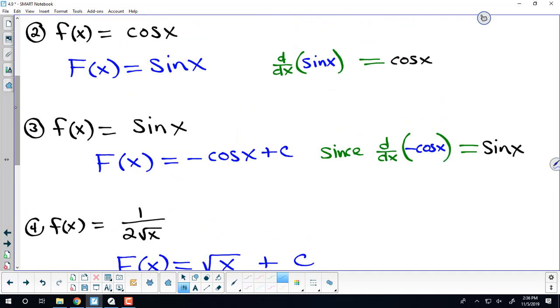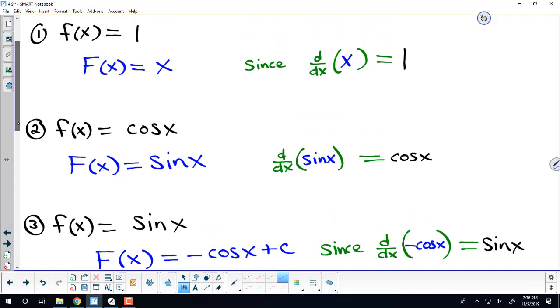So when you find an antiderivative, you'll always have a plus c. So this antiderivative is sine x plus c. This should really be x plus c. And I think that's a minor thing that's often overlooked. The main thing is being able to find the antiderivative.